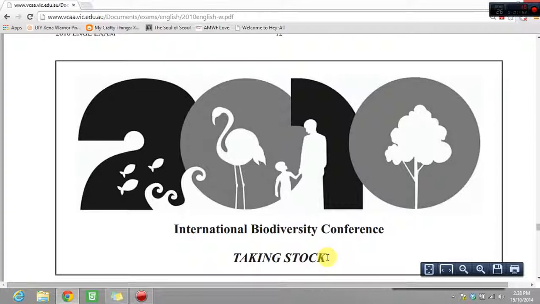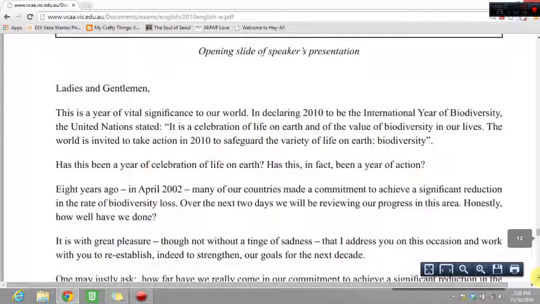But in this case, it's a moment where in this conference they're reflecting on the statistics and the numbers relating to biodiversity to see how well they have done with regards to preserving biodiversity. And just like the annual stock take, it sort of is implied that this is something that should be done regularly in order to better that performance.